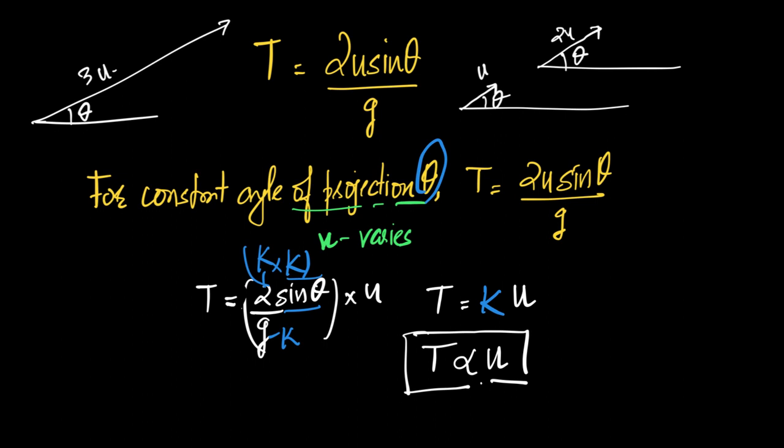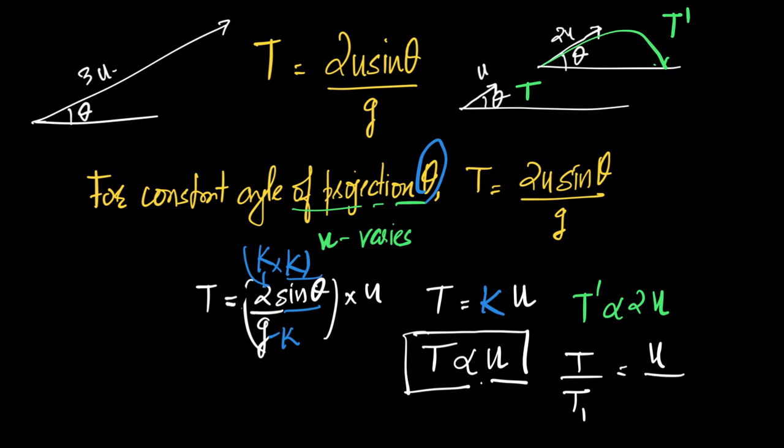If this was t, and in the other case the time of flight is t dash, then t dash will be proportional to 2u, in which case if you take t by t dash, you get u by 2u. So t dash is 2t, or generally we can write that t dash will be equal to n times t.